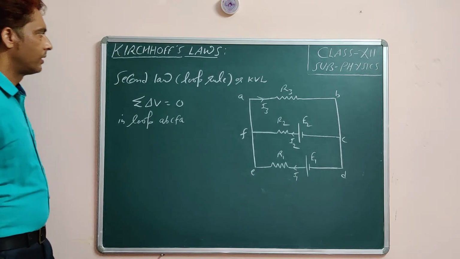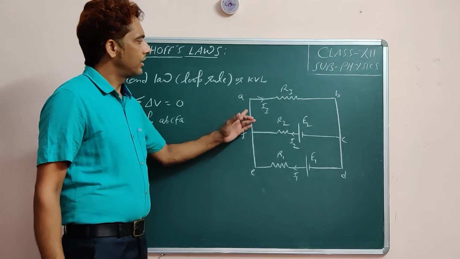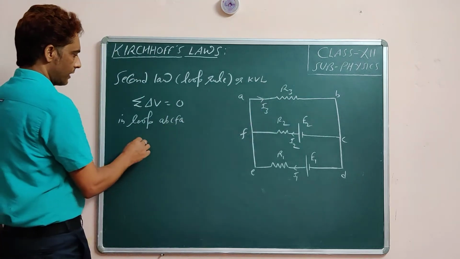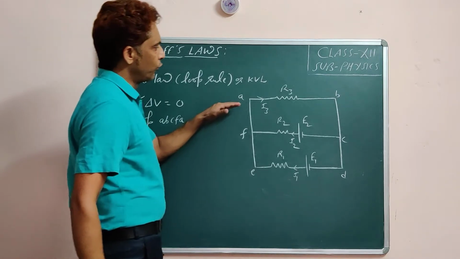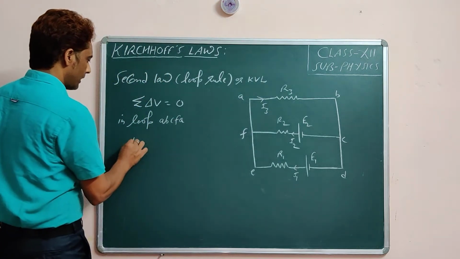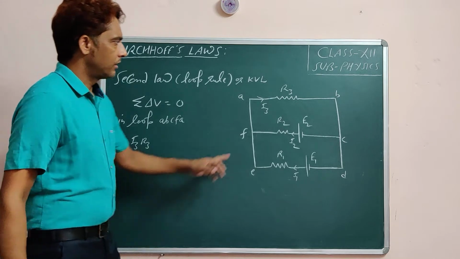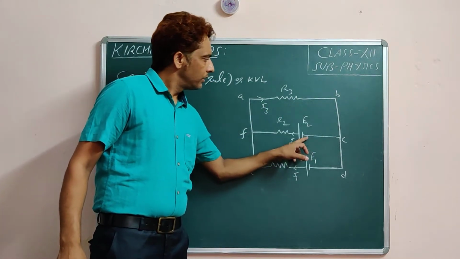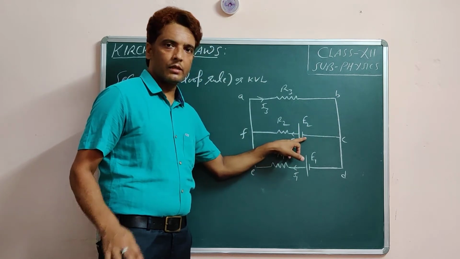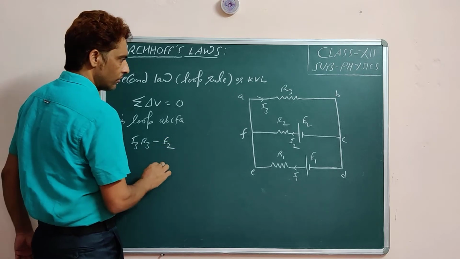So if I write different potential across the different components, I am moving in the direction of current. So potential drop across this will be I3 R3, then during traversal negative of this cell comes first, so I write it as minus E2.